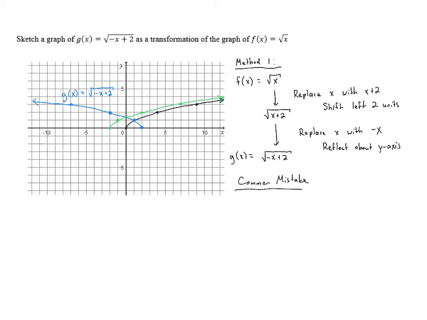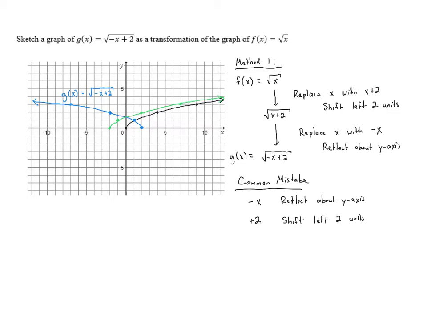So they say the negative in front of the x means that we have to reflect about the y-axis. And then the 2 that gets added means we then need to shift to the left 2 units. And students try and do the reflection first and the shift second. And that doesn't actually work.